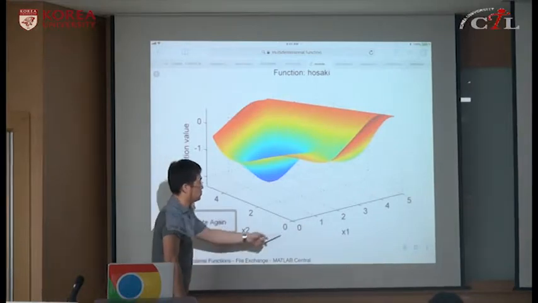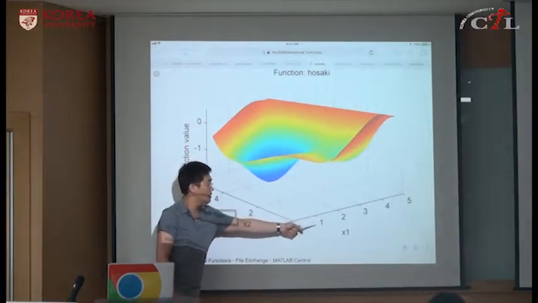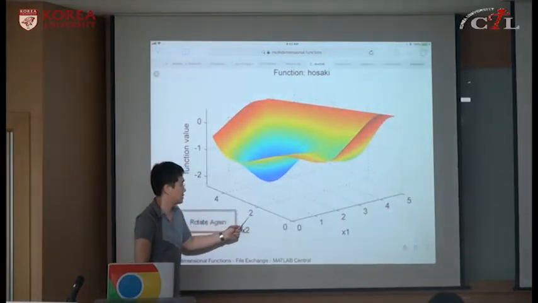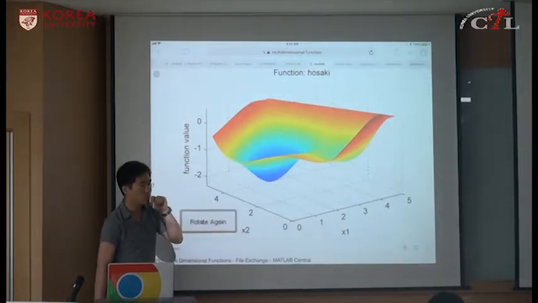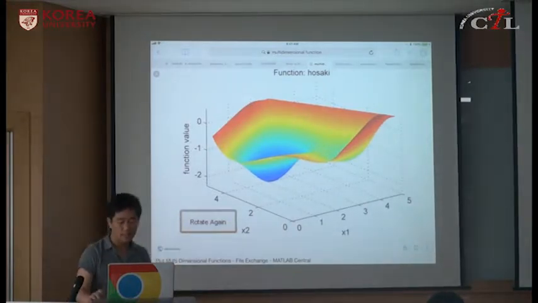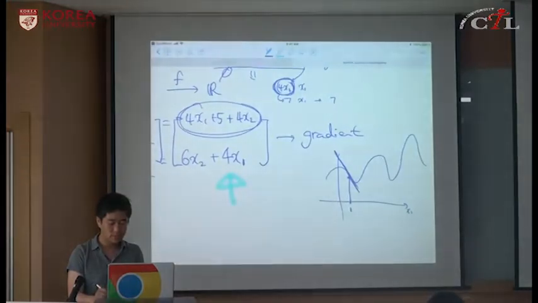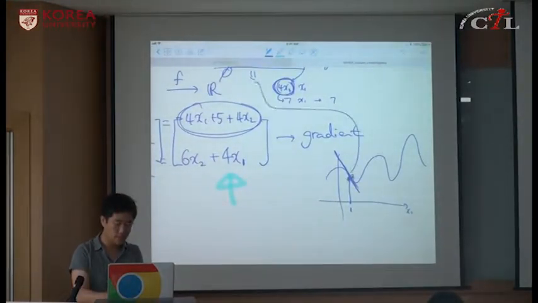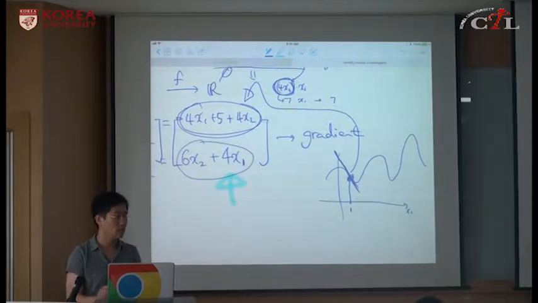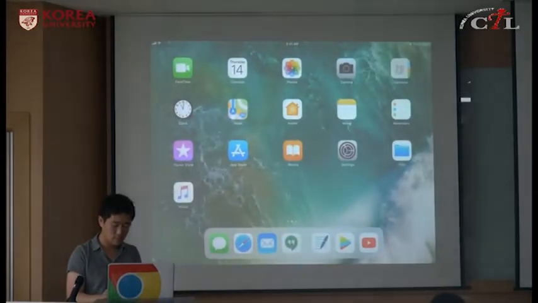We assumed we started from x1 being 1, x2 being 2, right? So we can plug these two values into our partial derivative, and that way we can obtain the slope at this point. So that is the meaning of this partial derivative expression. And similarly, the partial derivative with respect to the second variable x2 has the same meaning.